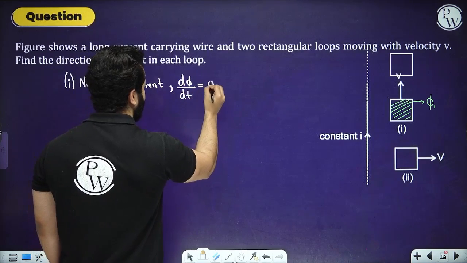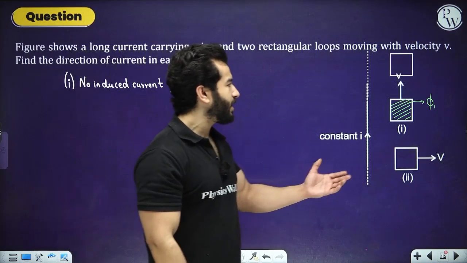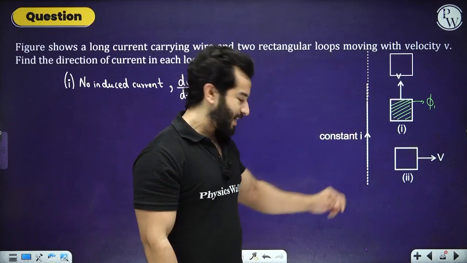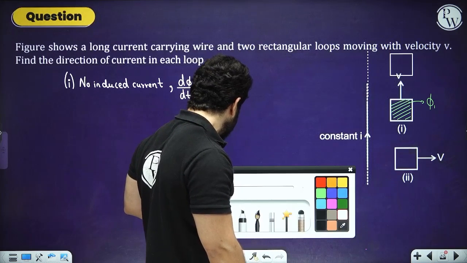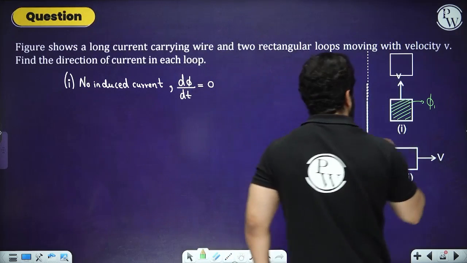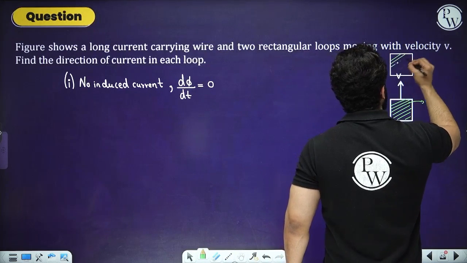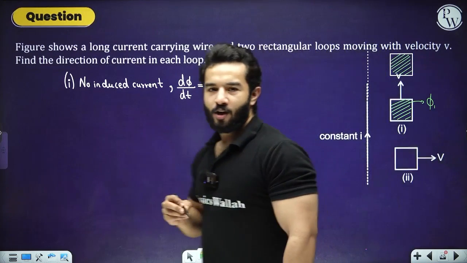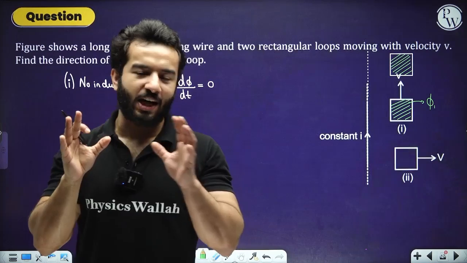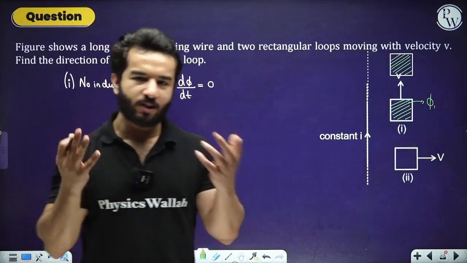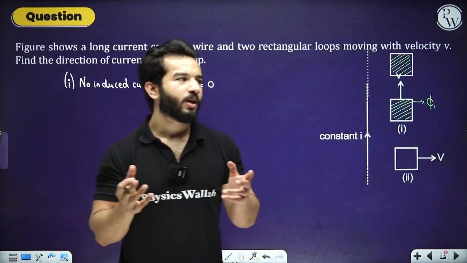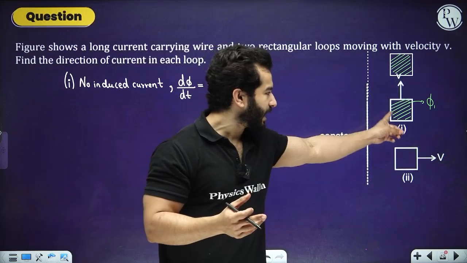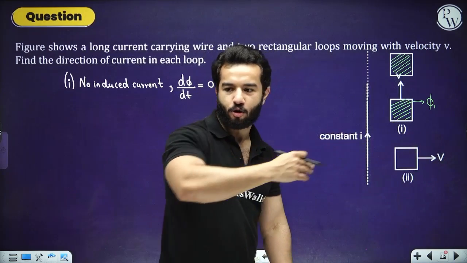Now somebody might say, sir, but why is it moving? But if you closely see, at this point also, each and every point has the same magnetic field and area. Are you getting it? Now I don't want you to find the total flux, we'd have to integrate it, because the magnetic field will be different at each of the points in the horizontal direction.